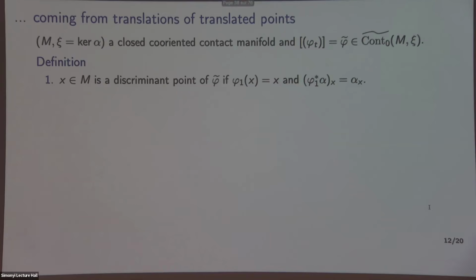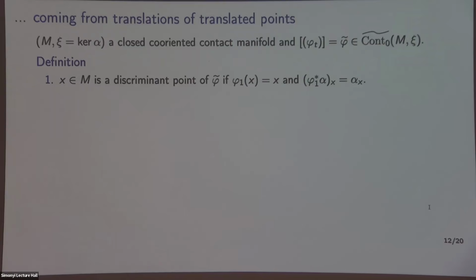Before defining translated points, I define what a discriminant point is. A discriminant point of a contact isotopy up to homotopy is a fixed point of the time one map of this contact isotopy, and moreover at this point the time one map does not only preserve the contact distribution, but also the contact form.